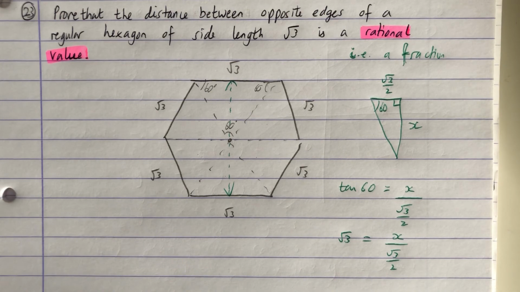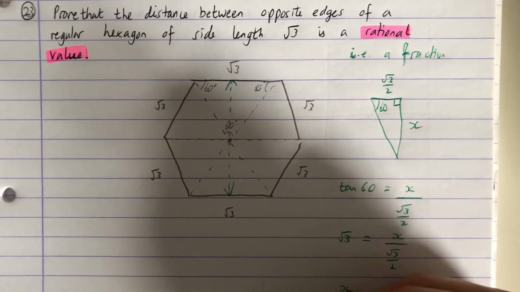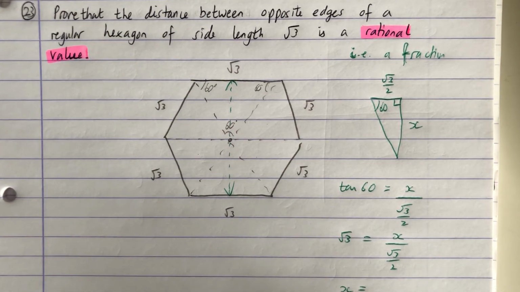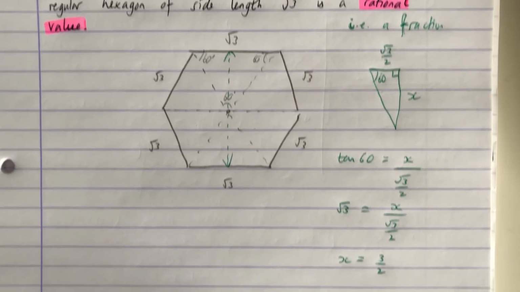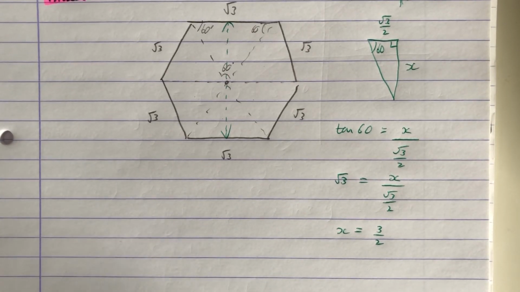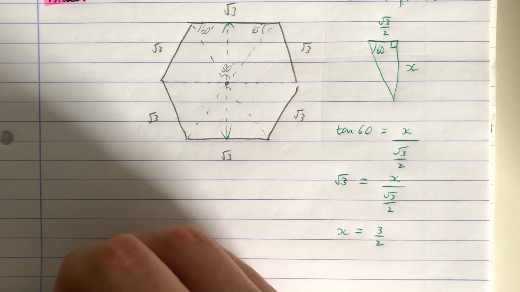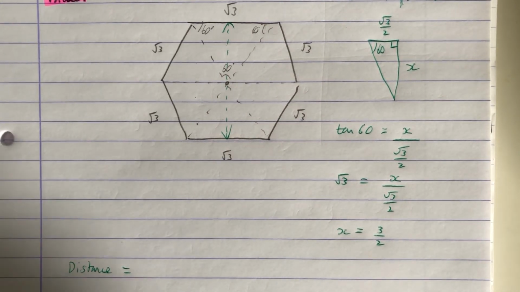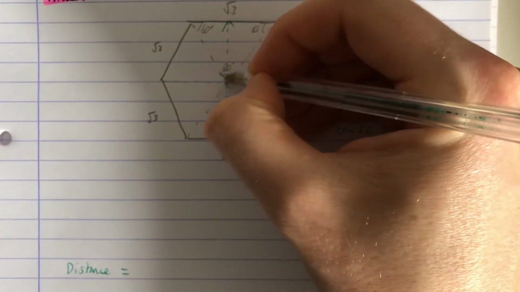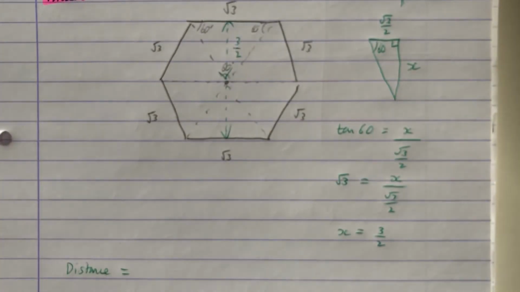And when you multiply by that denominator, you get x is equal to √3 times √3/2, which is 3/2. And then that length there is 3/2.